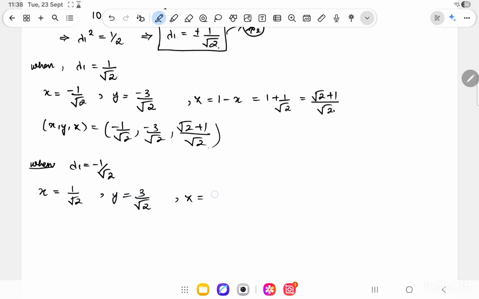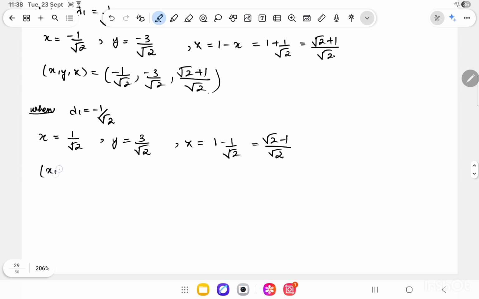Likewise, my z will be 1 minus 1 by root 2, that is root 2 minus 1 by root 2. So I got another possible point of extreme value as 1 by root 2, 3 by root 2 and root 2 minus 1 by root 2.